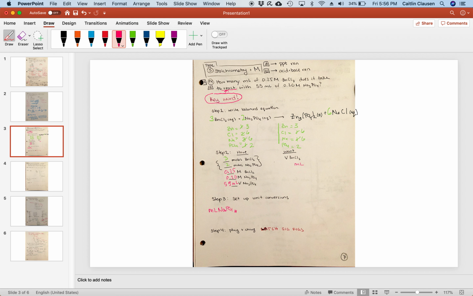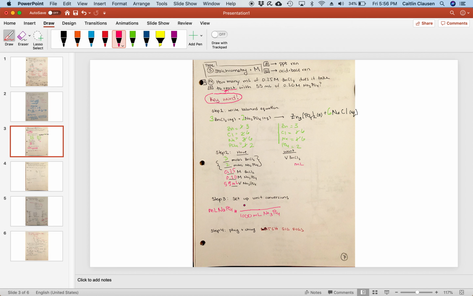So I need to convert my milliliters to moles first. And the way we convert milliliters to moles is the whole point of chapter 12. I'm going to use the molarity. I'm going to put 1,000 milliliters on the bottom instead of 1 liter because I am using milliliters as units. 1,000 milliliters is equivalent to 1 liter.